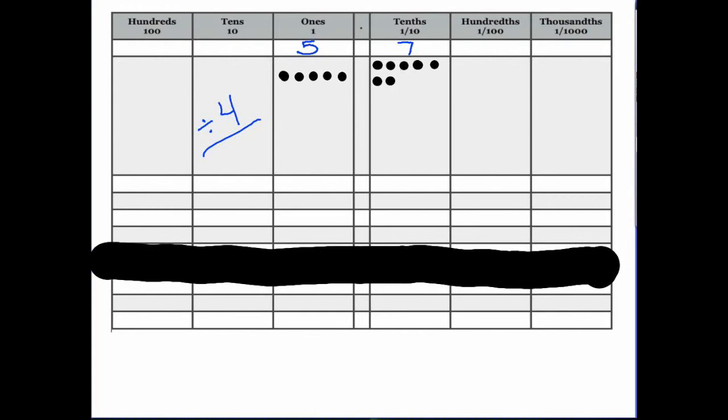So how many dots are going to go in my circle? I have 4 that I'm dividing by. 4 dots in each circle. Do I have 4 dots? Now you guys need to be really careful when you're writing because I see a lot of you going over one of your dots, and then what just happened?